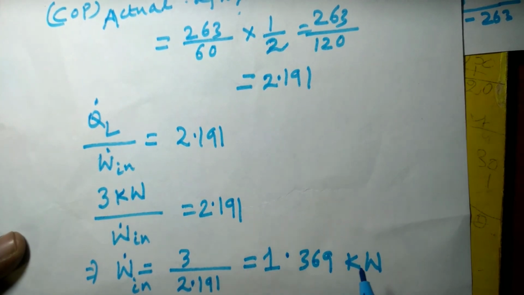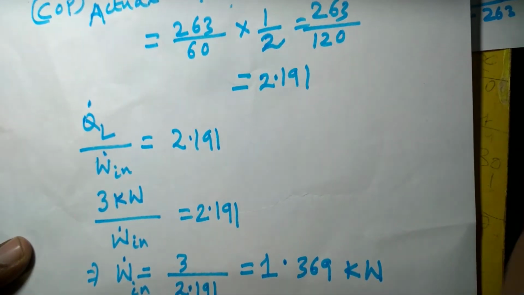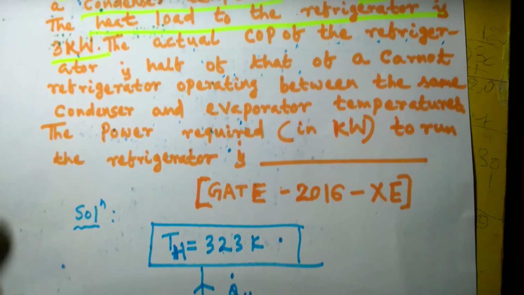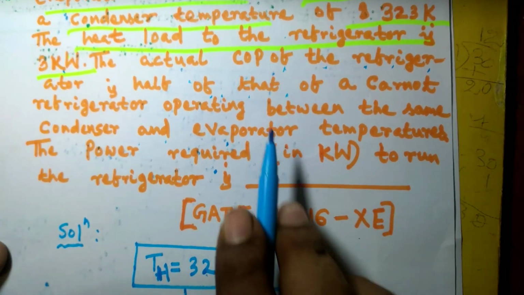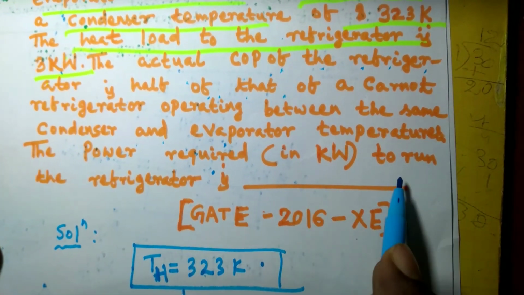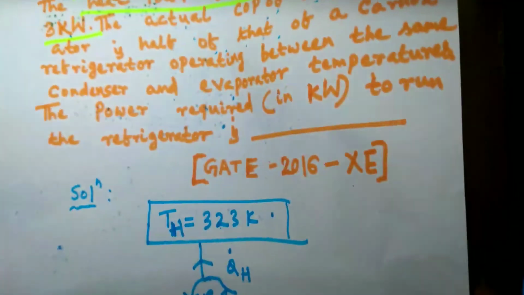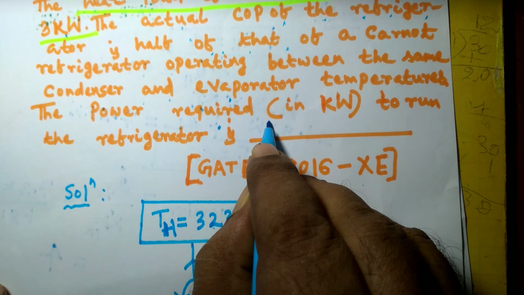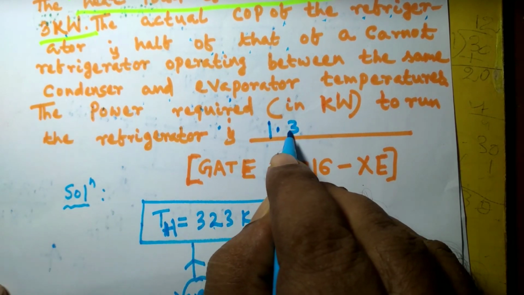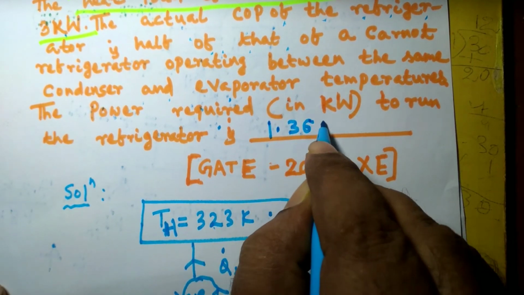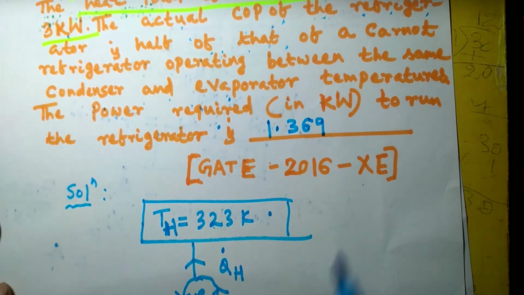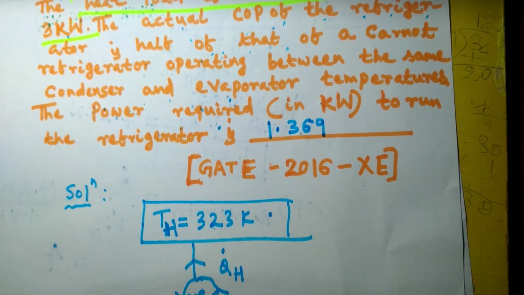So the answer is that the power required to run the refrigerator is 1.369 kilowatt.